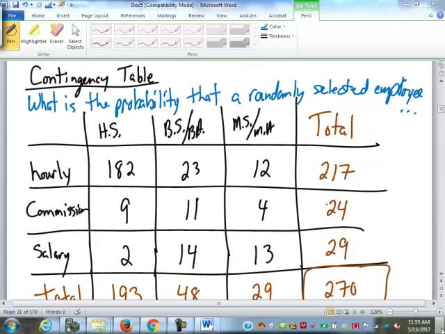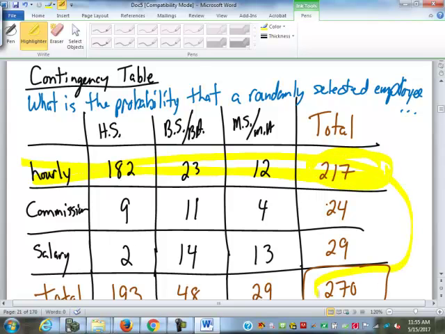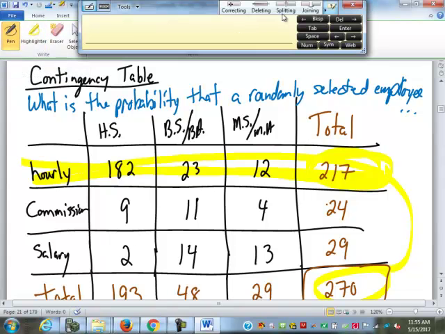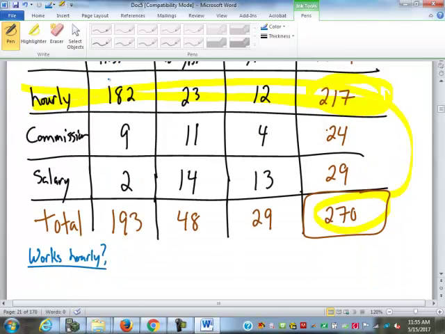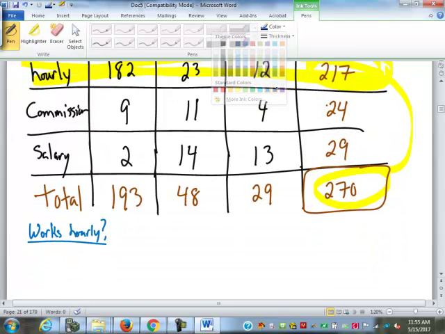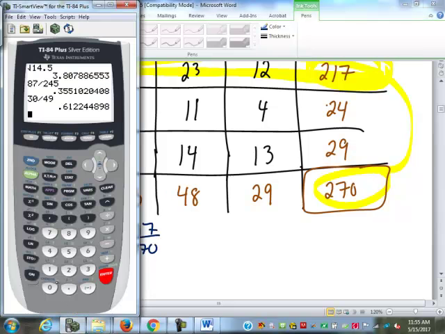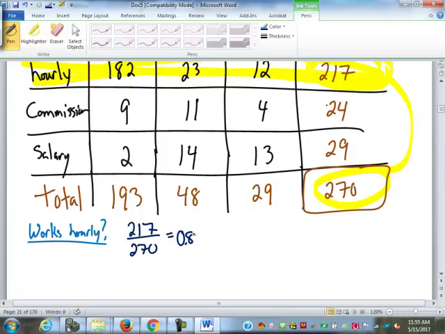Coming up here, here's the people who work hourly right here. Well, the total there is the 217 down here out of our grand total of 270. So we have 217 hourly employees out of 270 total. We divide that out, 0.804. So 80.4%.